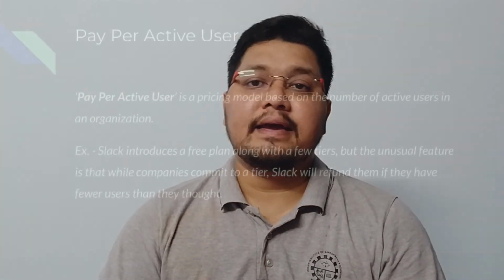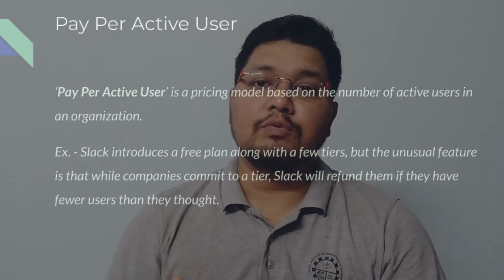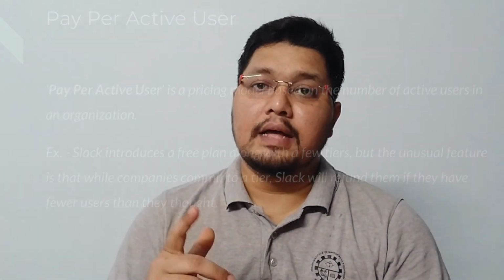Pay per active user is the pricing model based on the number of active users in an organization. Most people are well aware of the company Slack. Slack introduces a free plan along with a few tiers. But the unusual feature is what?